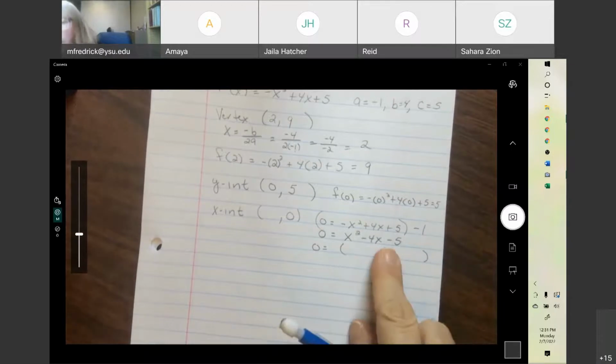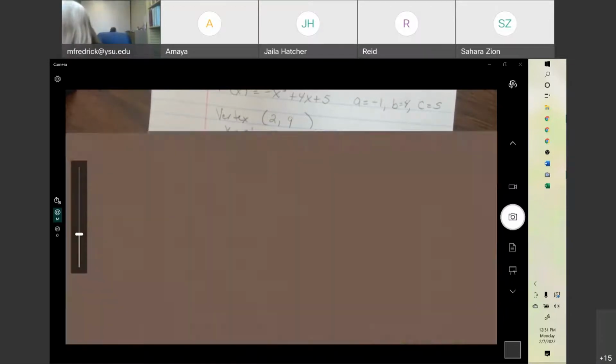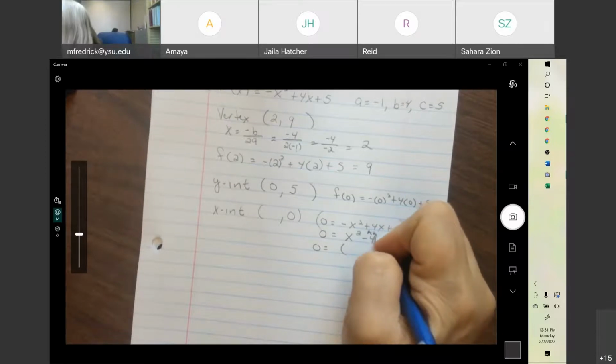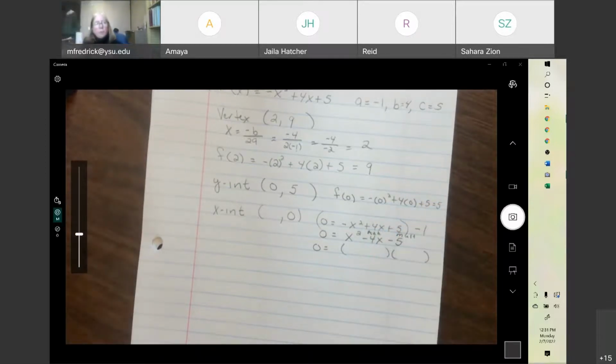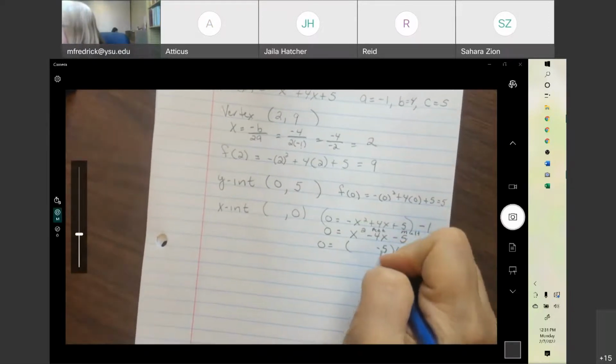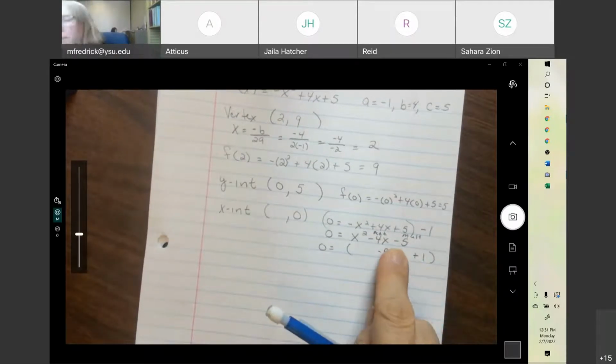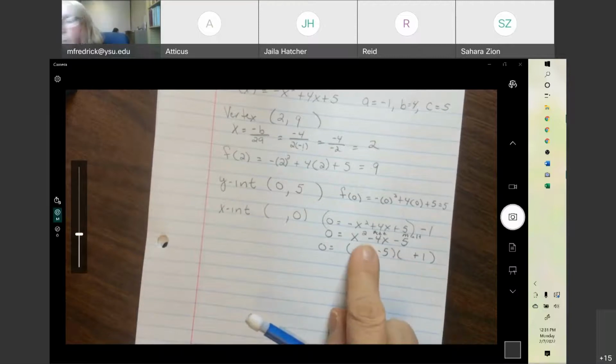So then we need two numbers. When we multiply, we get a -5, and when we add, we get -4. What two numbers, when we multiply, we get a -5, but when we add, we get -4? Anyone? -5 and 1. -5 times 1 is a -5, and -5 plus 1 is a -4.